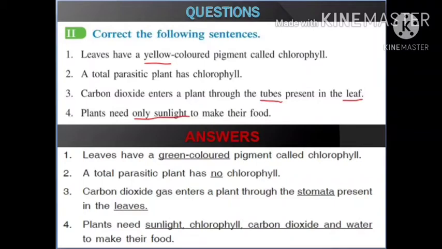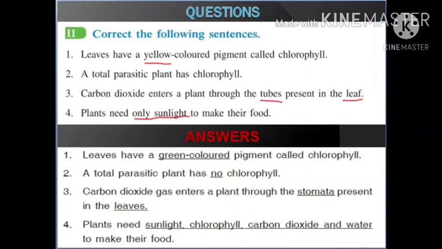Third question, carbon dioxide enters a plant through the tubes present in the leaf. So here the underlined words tubes and leaf are wrong. So what you have to do? Carbon dioxide gas enters a plant through stomata present in the leaves. So in place of tubes you have to write stomata, and in place of leaf you have to write leaves.